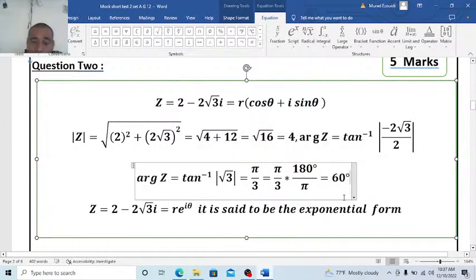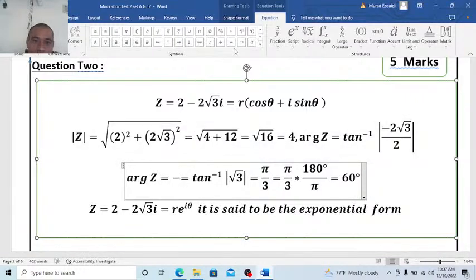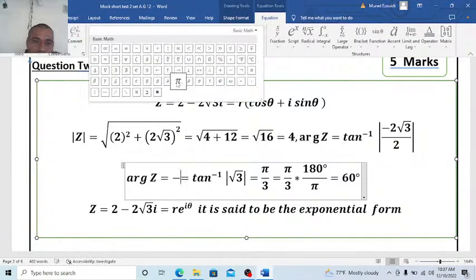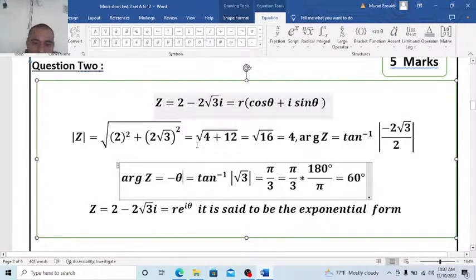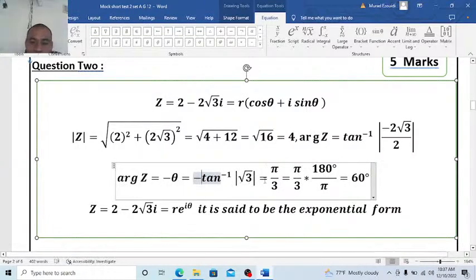Now theta is equal to tangent minus 1 of the square root of 3, which is pi over 3. But you know that this complex number is plotted in the fourth quadrant, so I will write this as minus theta.